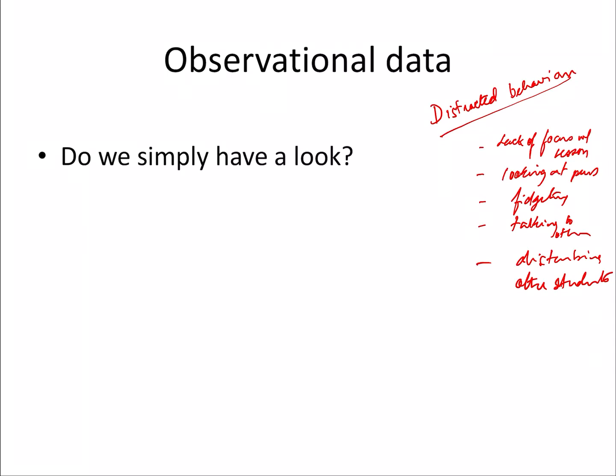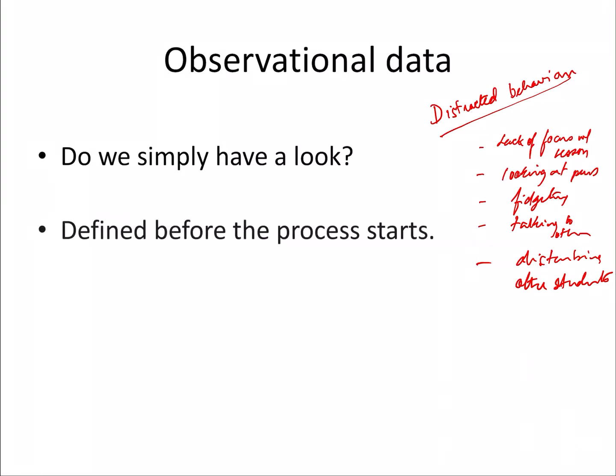So the key thing to remember is even if you're observing for distracted behavior for students, as an observer, you'd have to have a list of what looks like distracted behavior. So it has to be defined. It has to likely be defined before the start of the observation process. Obviously, if additional behaviors are observed in addition to what the researcher has defined, they may need to add that to the checklist.